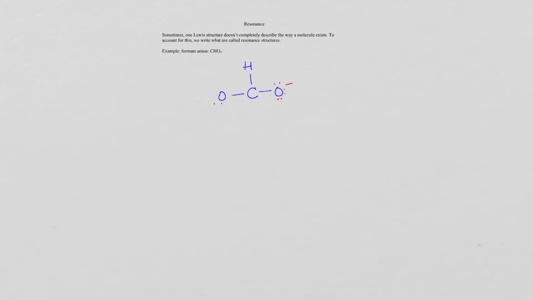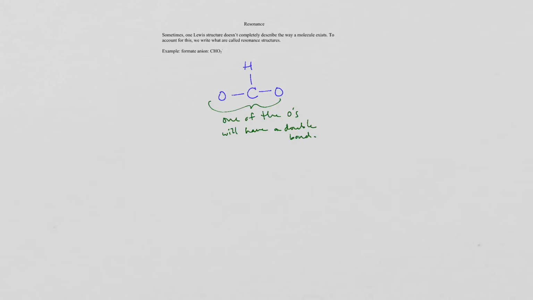And I'm going to erase this so we can start fresh on our skeletal structure. So, again, one of these oxygens can be double bonded. The O's will have a double bond.